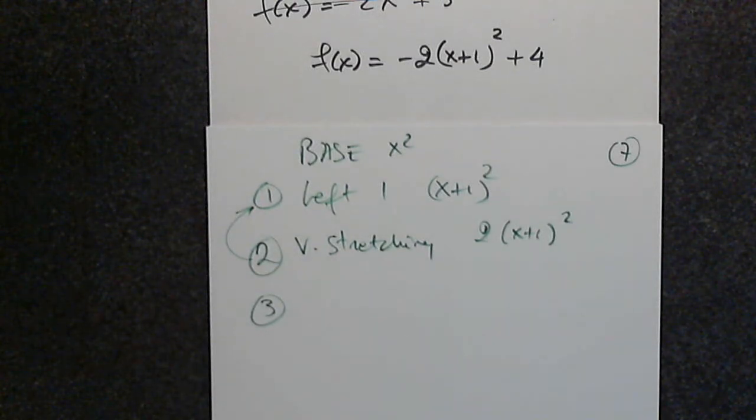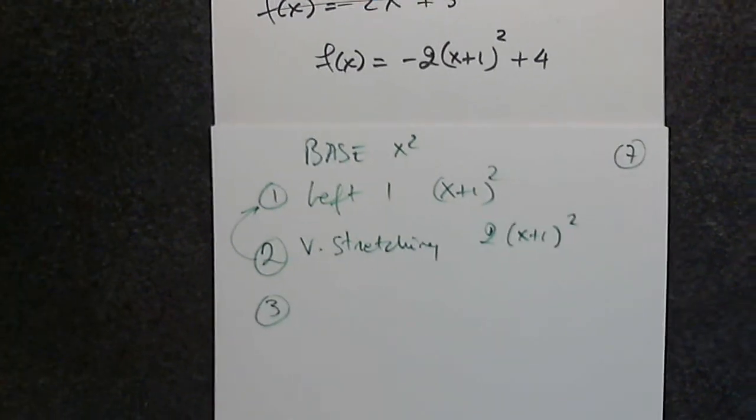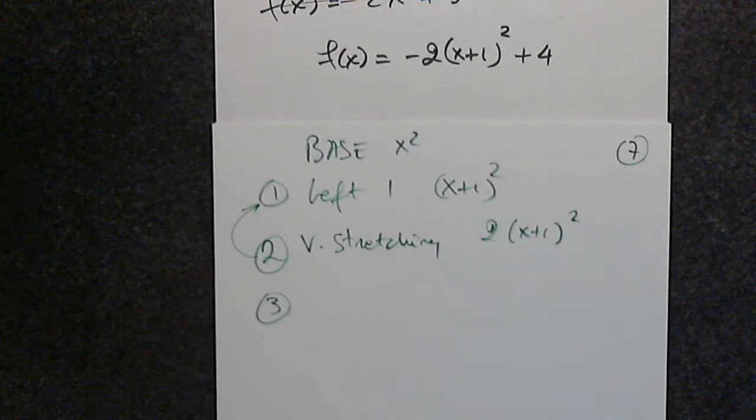Right? So this is x squared, 1 times x squared, but 2 times x squared. This is x squared, but 1/2 times x squared. Does that shrink vertically? Vertical shrinking. But this is x squared and this is 2x squared, twice x squared. That's a vertical stretching.